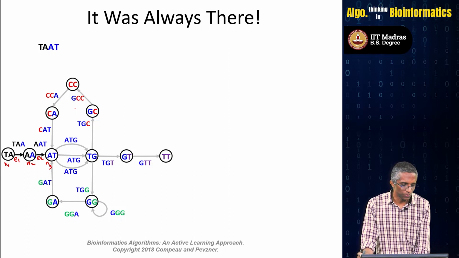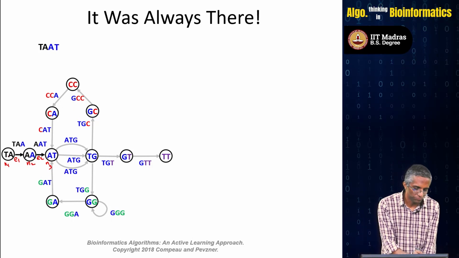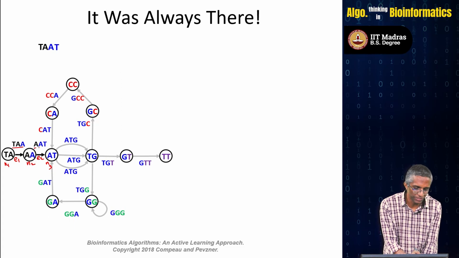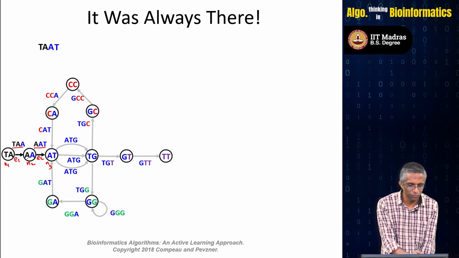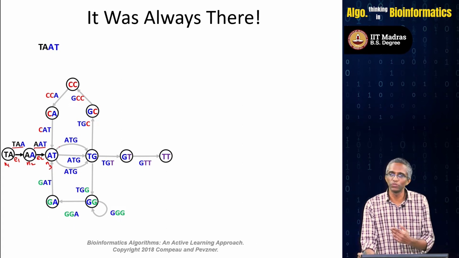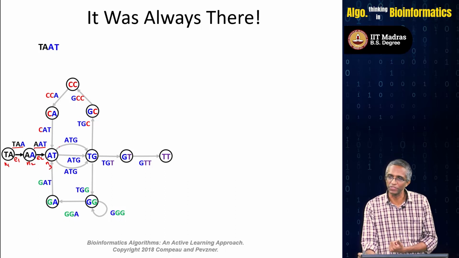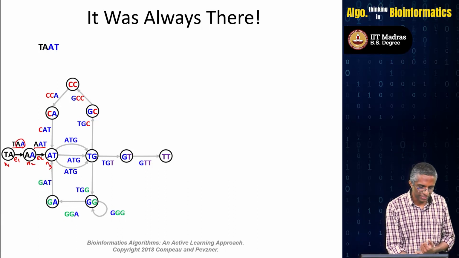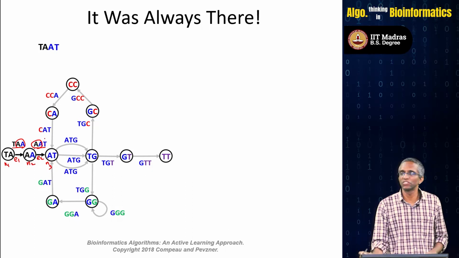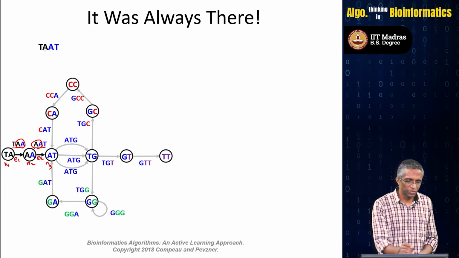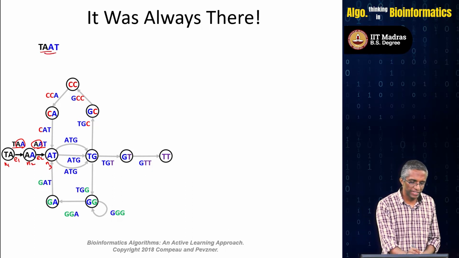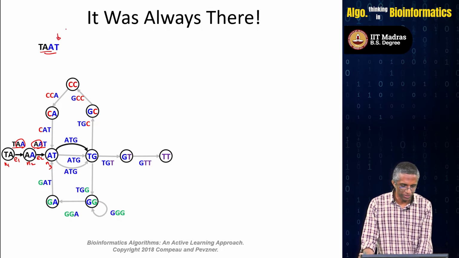So you are going along this E1 edge, that is TAA, then you're going to the E2 edge, that is AAT. You know that when you go from one edge to the other edge through a node, there is an overlapping suffix and a prefix. That always, this AA and this AA will match, right? And so you will go from TAA to AAT. This adds one letter to your genome, and then you keep going.